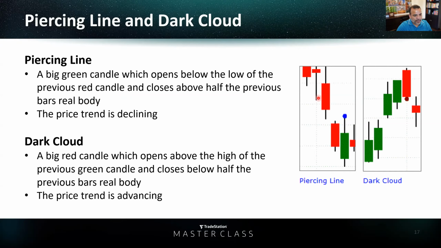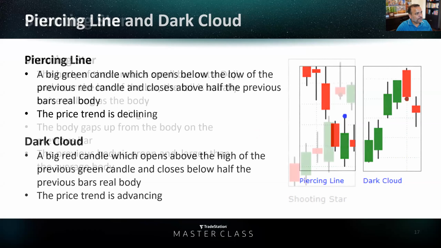So here we have the price trend declining. We have a big green candle that opens below the low of the previous candle. That meets the criteria, but then it closes above half the previous bar's real body. So we have a close right here higher. That's what's called the piercing line. And the dark cloud is similar, but in the opposite direction.